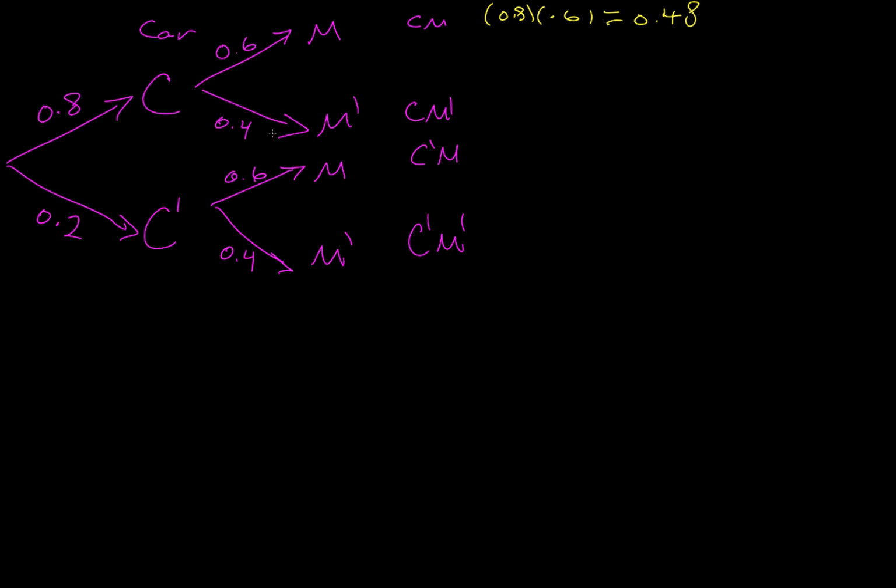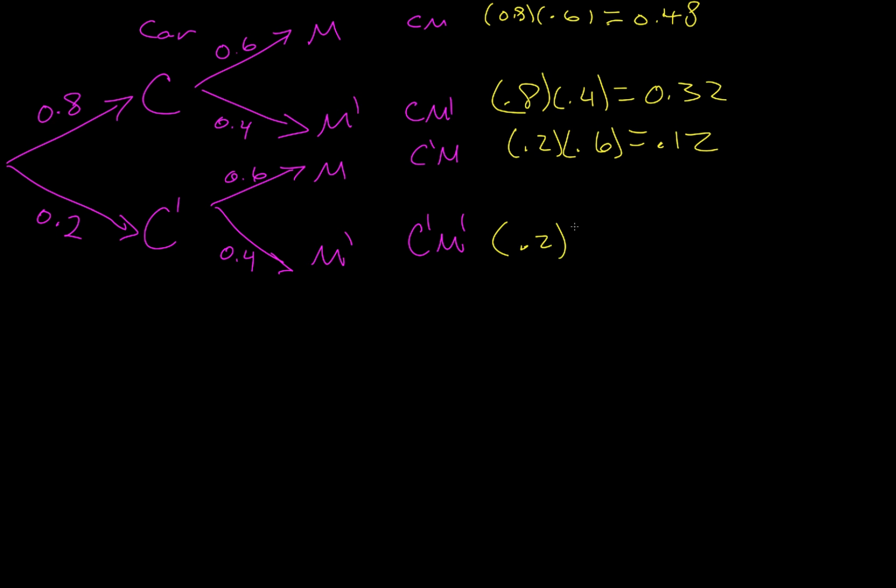This one's going to be 0.8 times 0.4, which is 0.32. Then 0.2 times 0.6 is 0.12, and 0.2 times 0.4 is 0.08. I just followed these paths to get to these numbers.